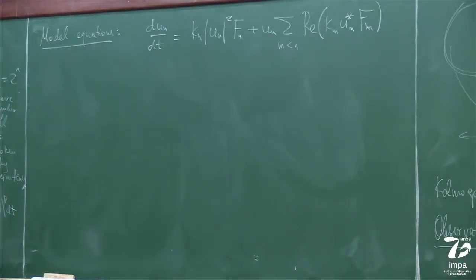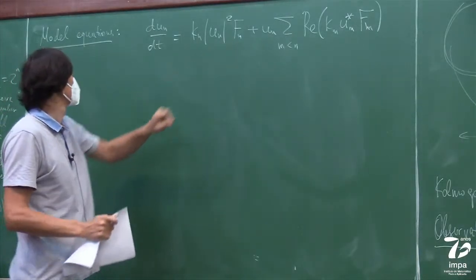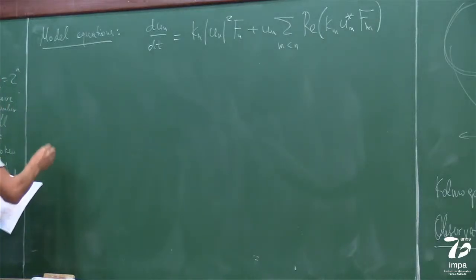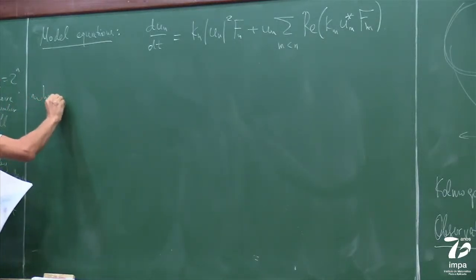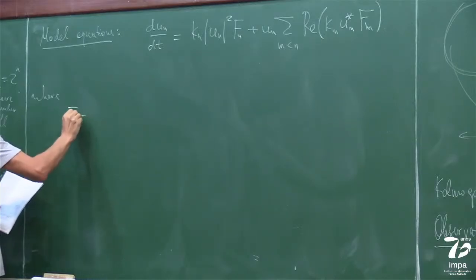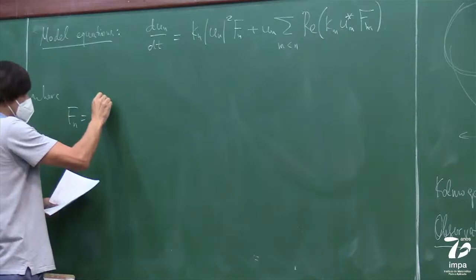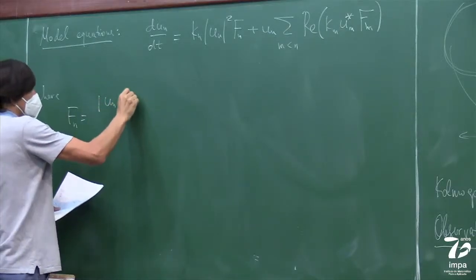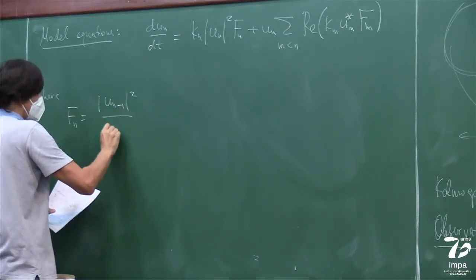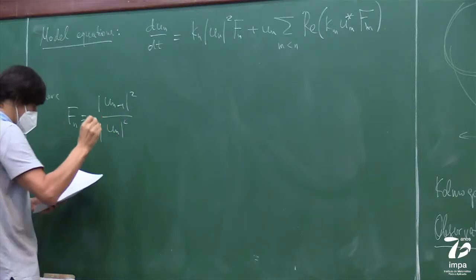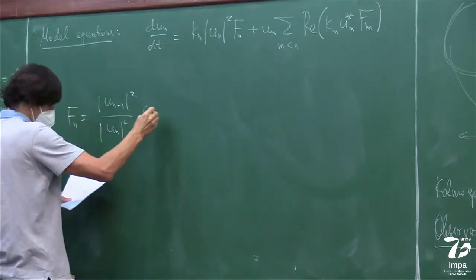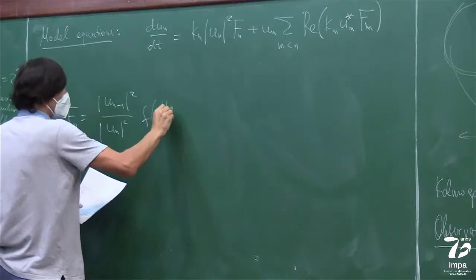So we need to know what F is. F_n is a certain ratio: |u_{n-1}|^2 over |u_n|^2 times some function of a complex number.